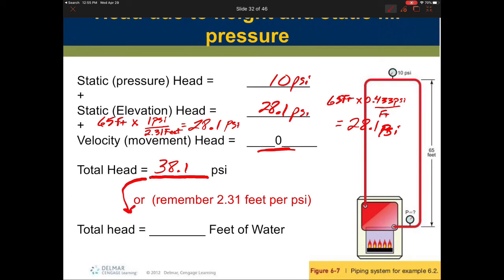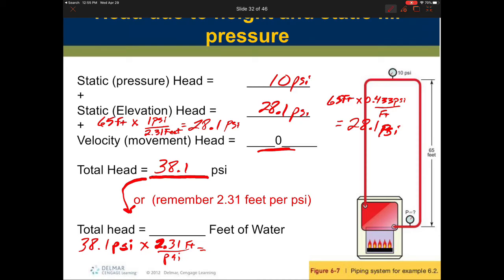Now, we sometimes are concerned about the PSI on the system, but that is actually convertible to, let's say, feet of water. I need to do this for hydronics. So I'm going to take that 38.1 PSI and convert it over to feet of water. I'm going to multiply that by 2.31 feet per PSI.